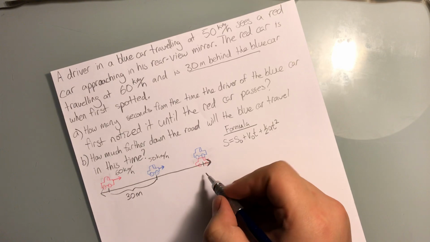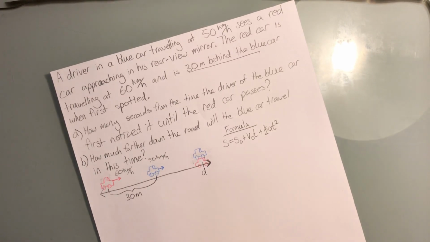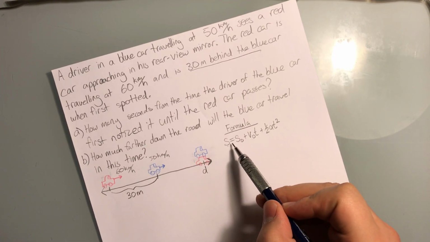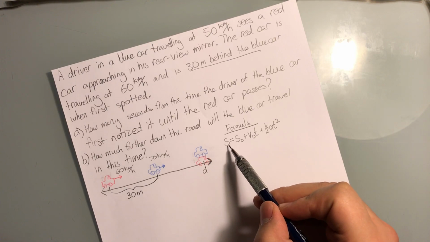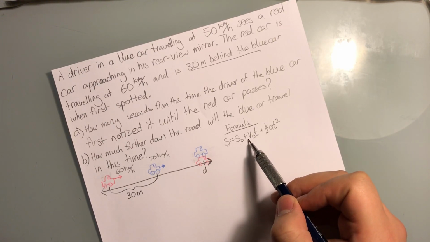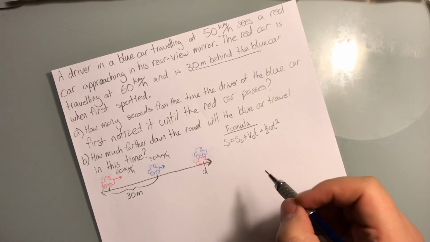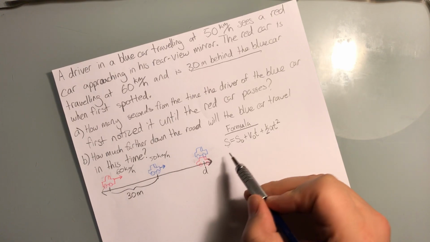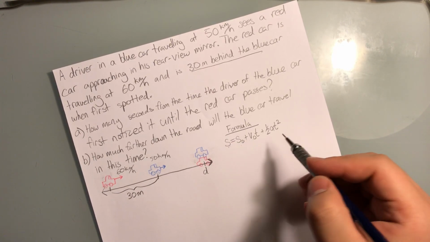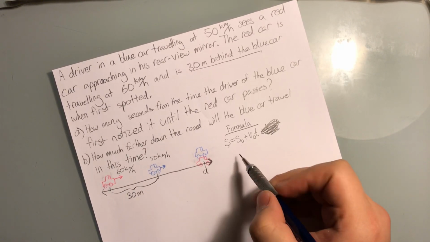So I'm just going to call this D. We could set up an equation using this formula: S, I'm guessing this is displacement, is equal to the initial position plus v naught t plus 1/2 at squared. But we don't have acceleration. We're talking about constant velocity here, so we could just get rid of this.